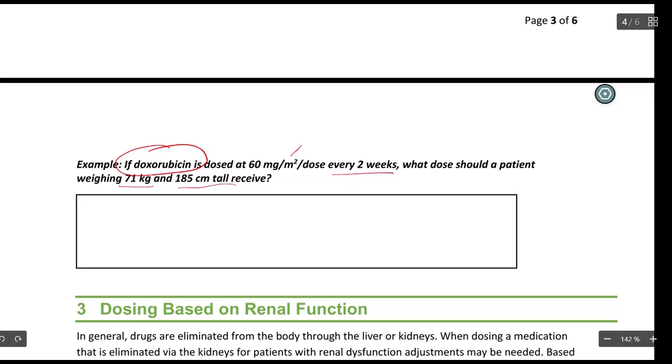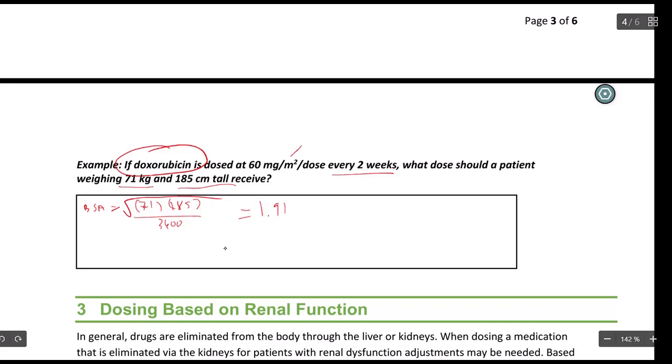So their BSA is going to be the square root of 71, which is the number of kilograms that they weigh, and then we also need 185, which is their height in centimeters. Divide all that by 3,600 and take the square root of that. It's going to be about 1.91 meters squared.